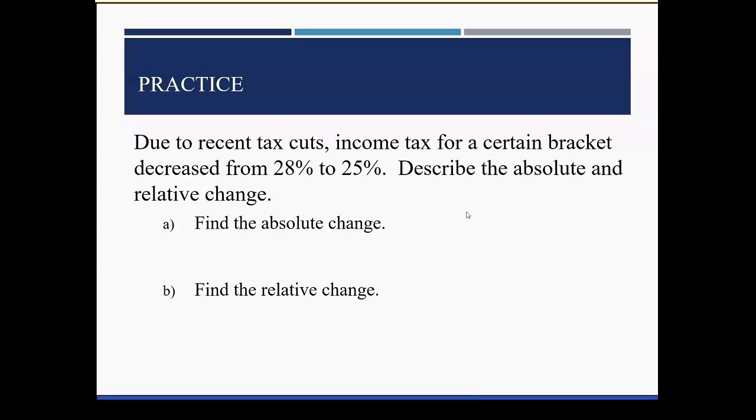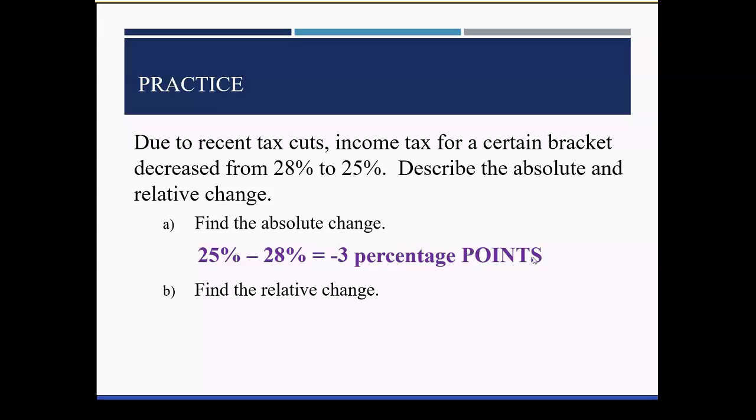So let's do a new one here. Due to recent tax cuts, income tax for a certain bracket went from 28% to 25%. Describe absolute and relative changes for those two percentages. So for absolute change, nothing crazy, just subtract them. 25 minus 28. Concept's still the same, it's still -3.